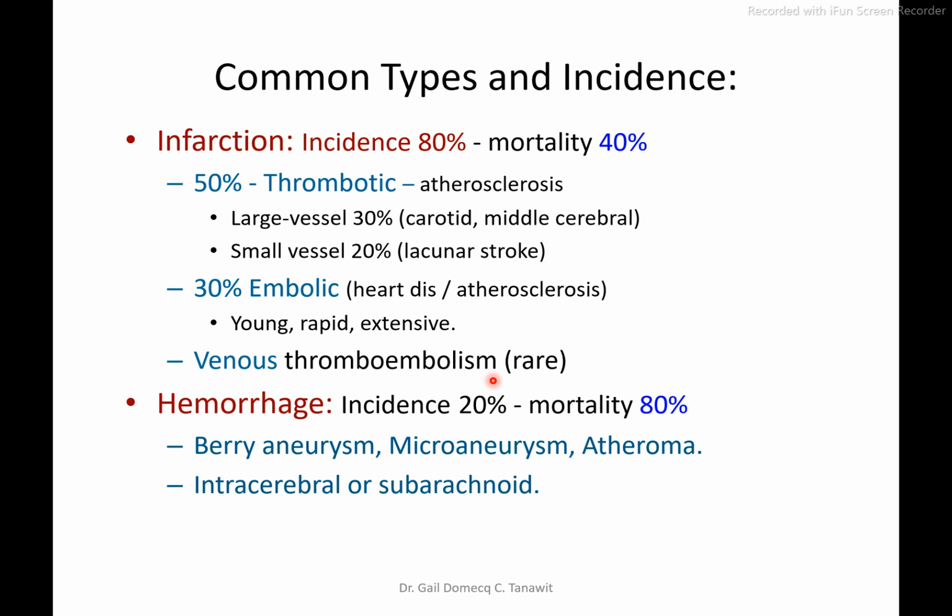And of course, it would be occupying a space, causing increased intracranial pressure. So the most common causes for hemorrhagic would be berry aneurysm, microaneurysm, atheroma. It can be intracerebral or subarachnoid bleeds.